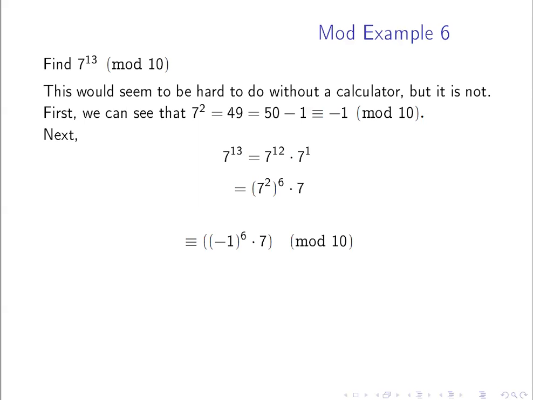So this is congruent to -1 to the 6th power times 7 mod 10, which is just 1, because -1 to the 6th power is 1, times 7, which is just 7. Sorry, that should be mod 10. So notice this actually was way easier than if I had to deal with this whole process by multiplying this out.